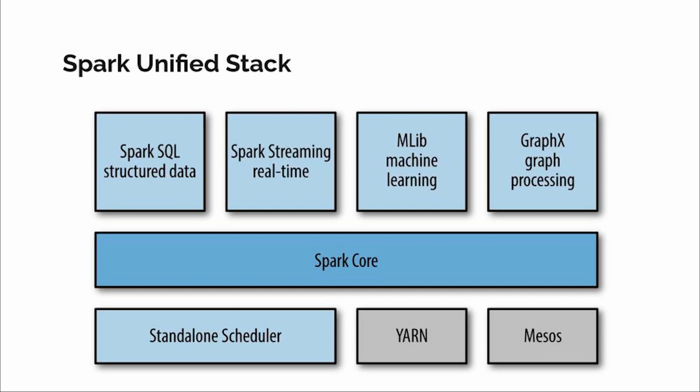Machine Learning MLlib is the machine learning library that provides multiple types of machine learning algorithms. All of these algorithms are designed to scale out across the cluster as well. GraphX is a graph processing library with APIs to manipulate graphs and perform graph parallel computations. So this was all about the Spark unified stack.